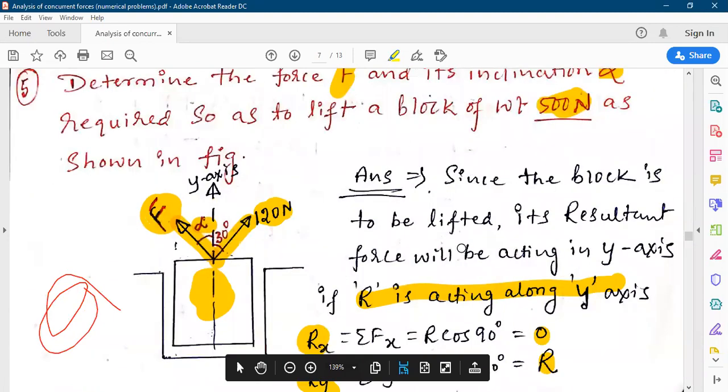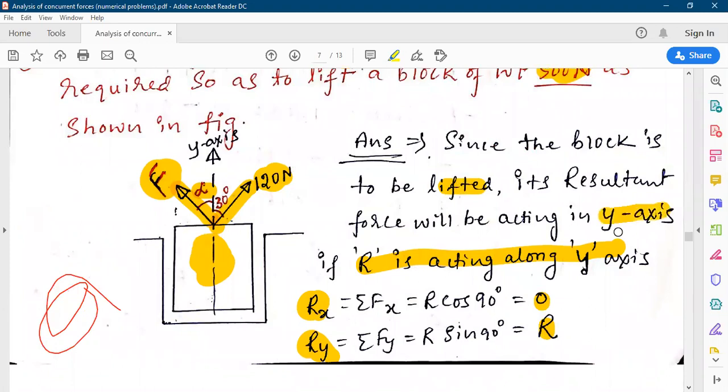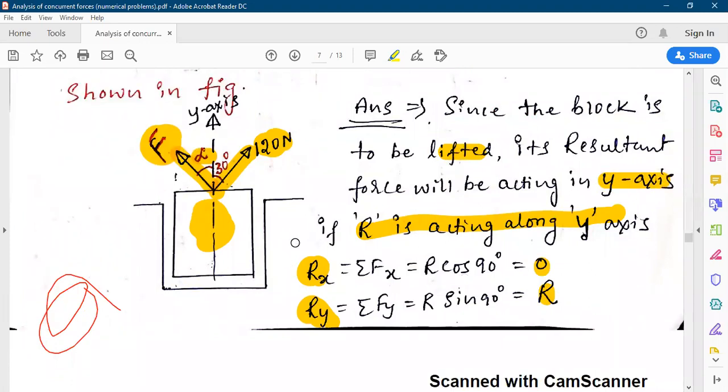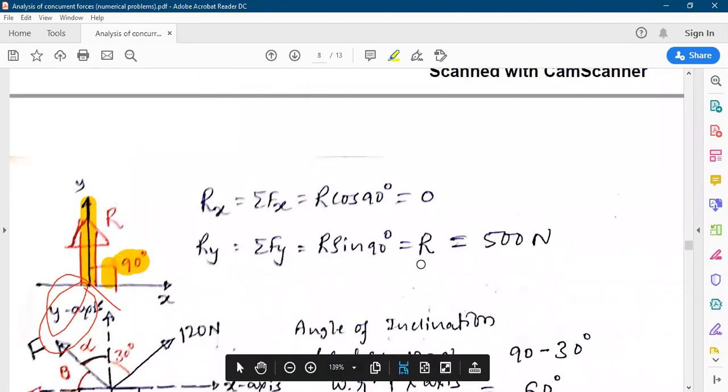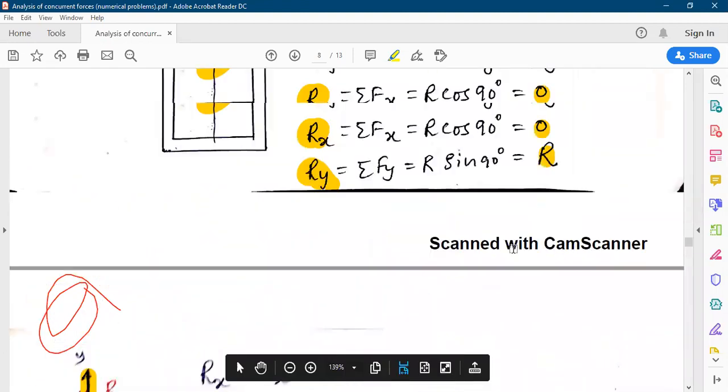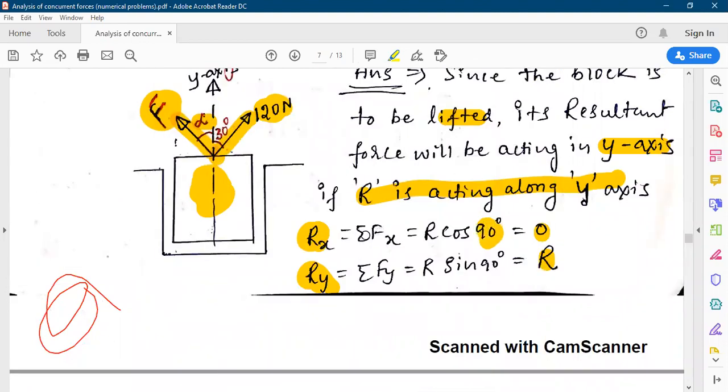Since the block is to be lifted, its resultant force will be acting along the y axis. If the resultant force is acting along the y axis, it makes an angle of inclination of 90 degrees with respect to the x axis. If theta is 90 degrees, what will be its Rx? It will be equal to sigma Fx.